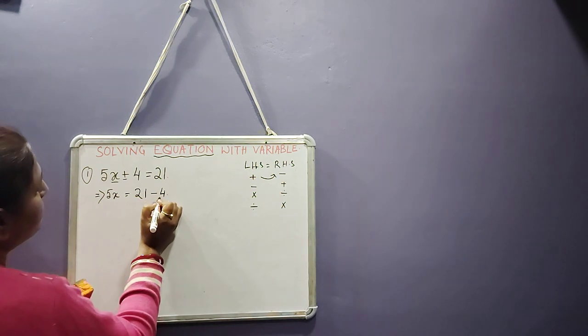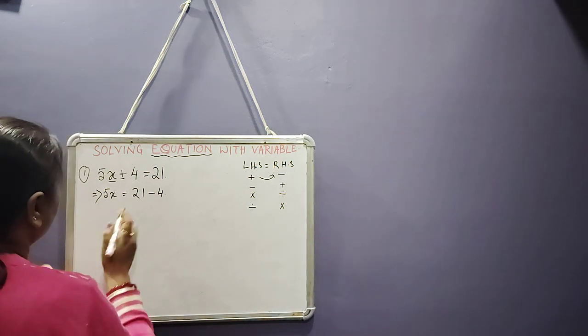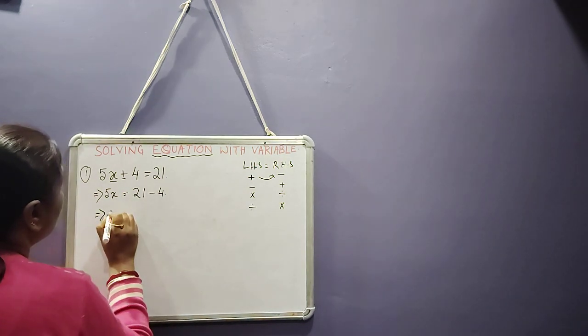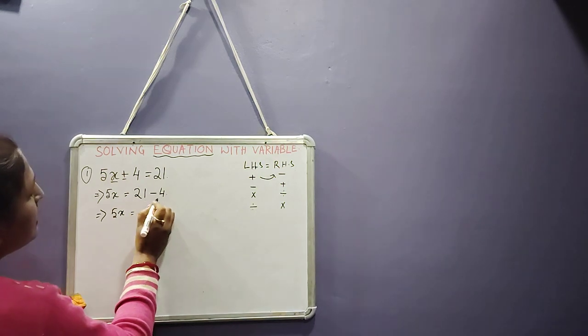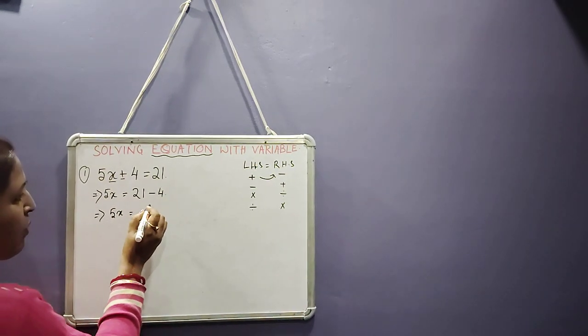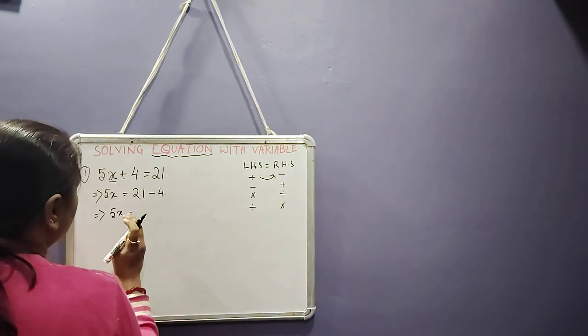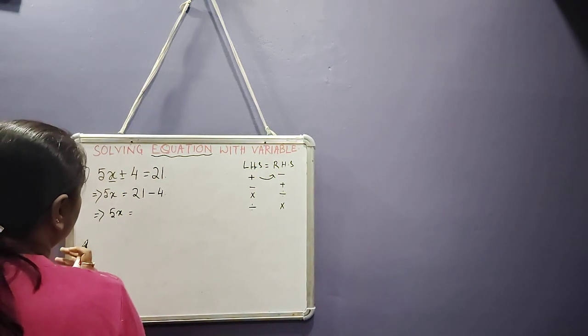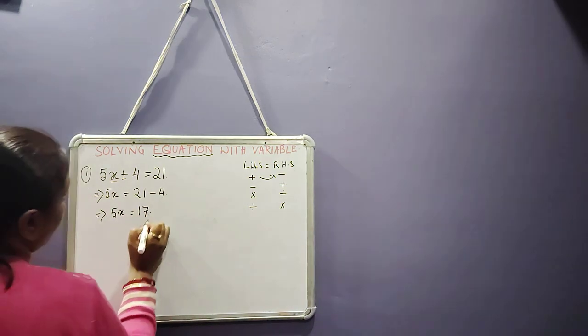So 5x is equal to 21 minus 4, which means 17.